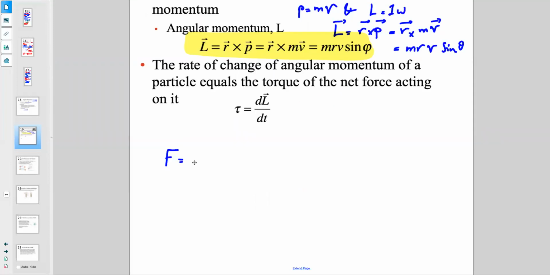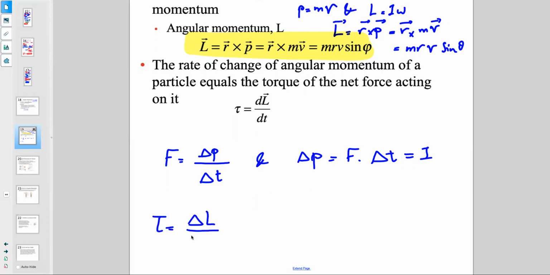Remember, F was delta P over delta T, and delta P was F delta T, which we call impulse, or I. It's the same concept. Tau is delta L over delta T, or tau is dL over dt.